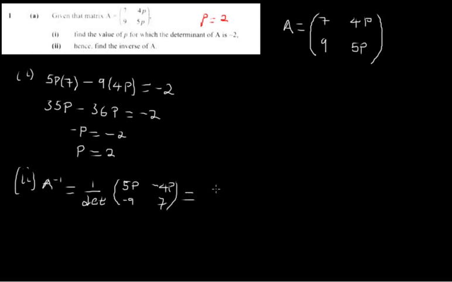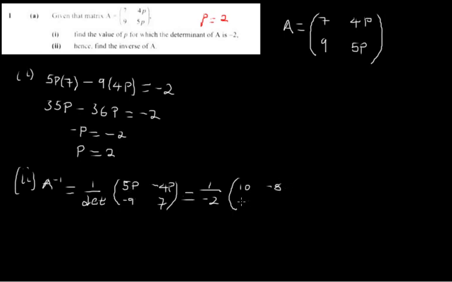This is equal to 1 over the determinant, which is -2, and we will have 5p, where p is 2, so 5 multiplied by 2 gives us 10. Then -4p, 4 multiplied by 2 is 8, so -8.